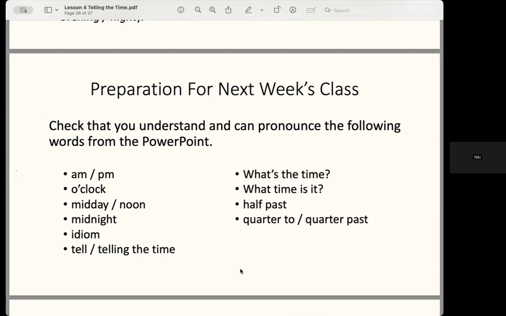English, what a confusing language. Then we have idiom, which is a way of saying things that doesn't have the literal meaning, so when we say we tell the time, that's kind of an idiom. And here we have it, telling the time.